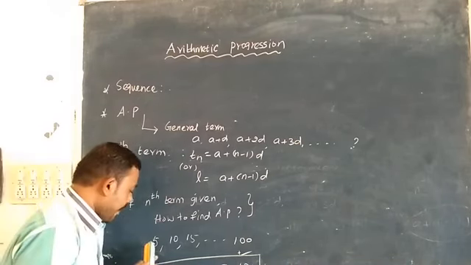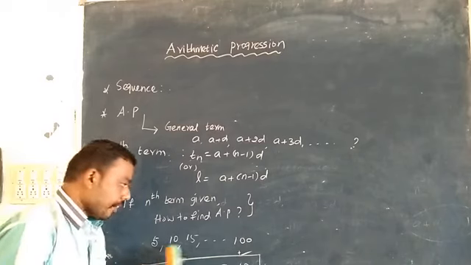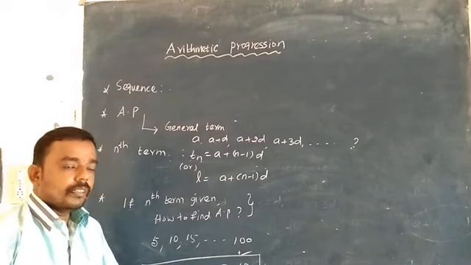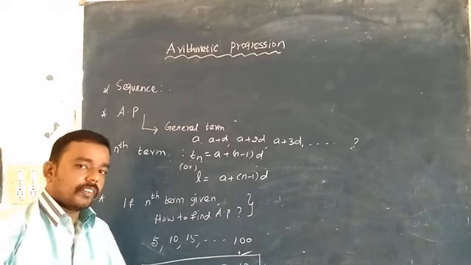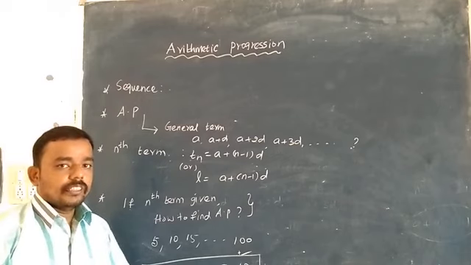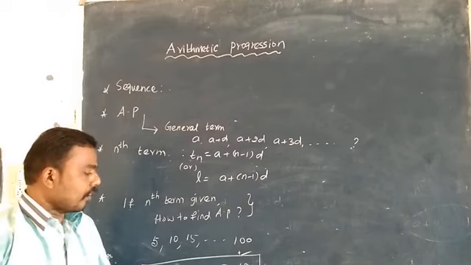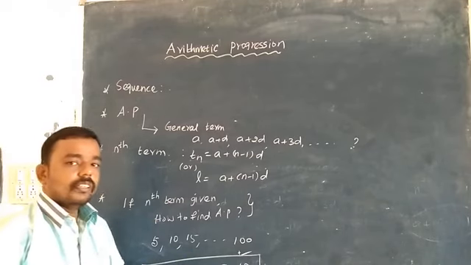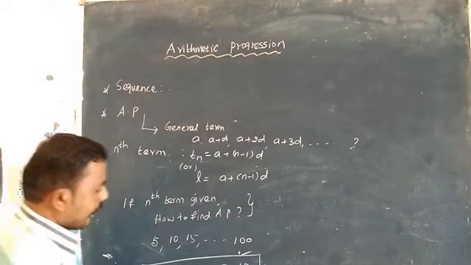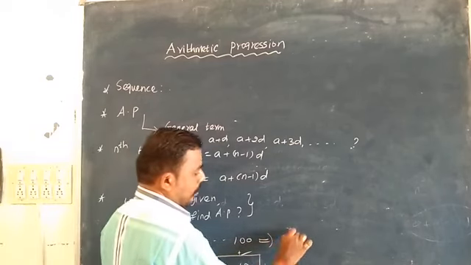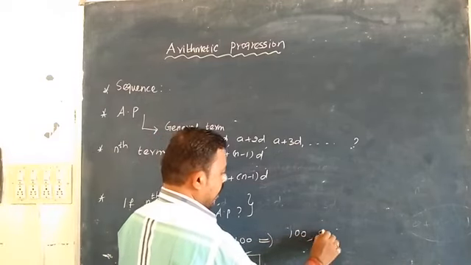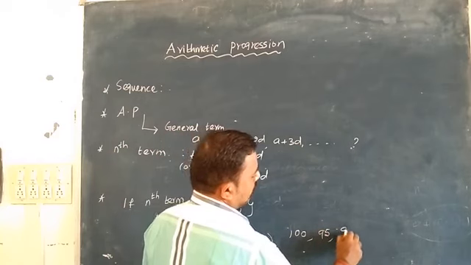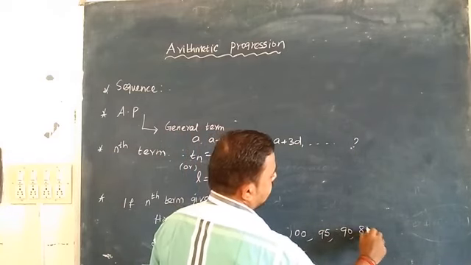First, if A is given and D is given, how to find the AP and how to check whether it's an AP or not by using D. Next, if the last term is given, we are going to write this AP as last term given 100, 95, 90, 85 and so on.